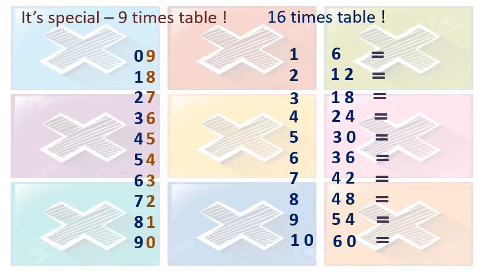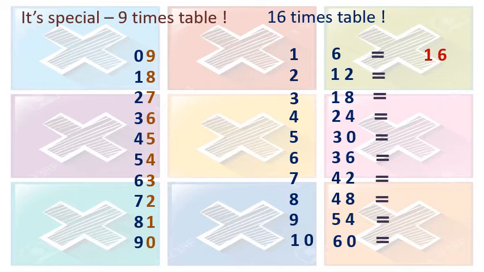Okay, now see how we will make the table. Here 2 digits are there, 1 and 6. So we will write as it is 1 and 6, that is 16. Okay, from the second line there are 3 numbers, 2, 1 and 2. Remember dear students, here in the unit place of 6 times table, we will write as it is same for the 16 times table.